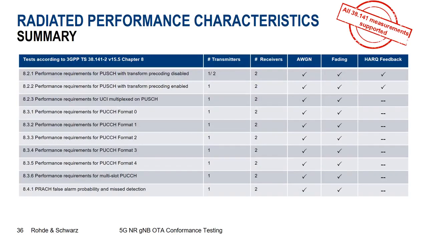And for the chapter 8, there's only one difference, that the number of receiving antennas for the base station is reduced to 2, whereas in the conducted case it is up to 8.